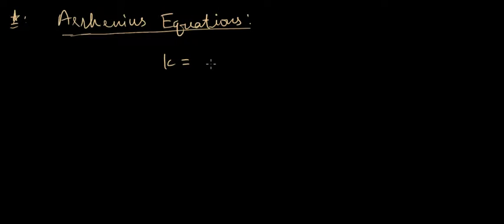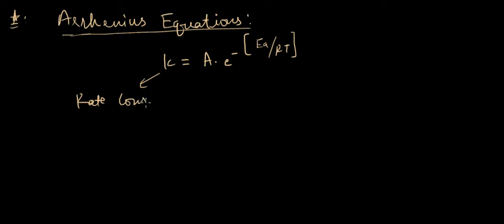So K can be written as A times e to the power minus EA upon RT. This is the Arrhenius equation, where K is obviously the rate constant, and A and EA are Arrhenius parameters.